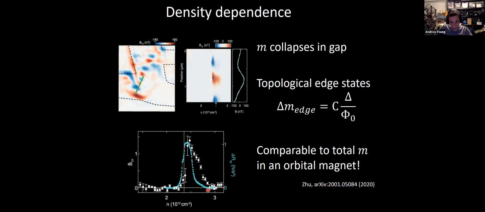And what's plotted here in blue, with these sort of cyan dots, is just the hysteretic part of RXY. So in other words, the difference between magnetic field preparation sweeps. And you can see the quantized plateau is in this narrow range of densities. And white is essentially an average of how much internal magnetic structure there is, which we take as a rough proxy for the magnetization density.